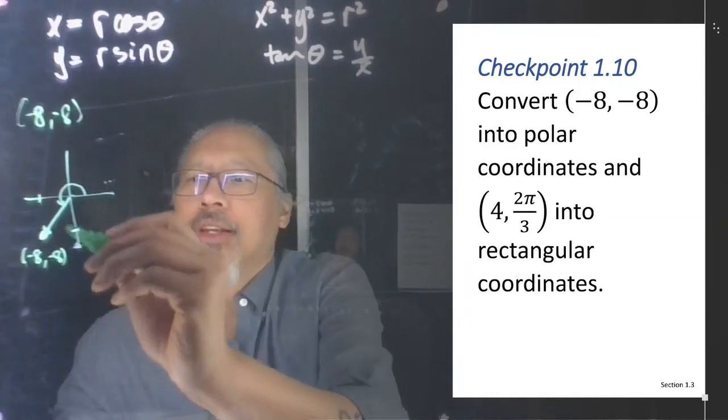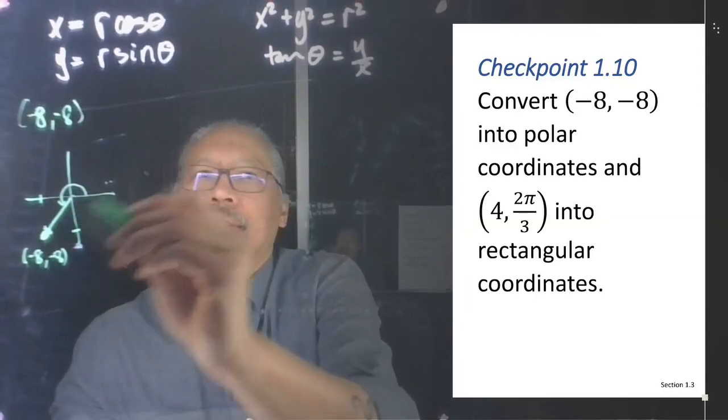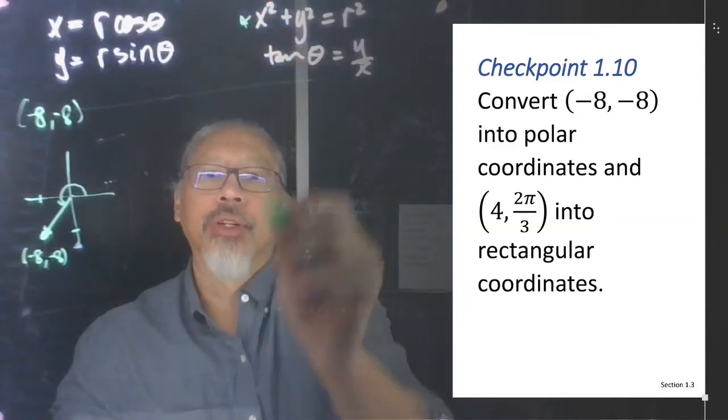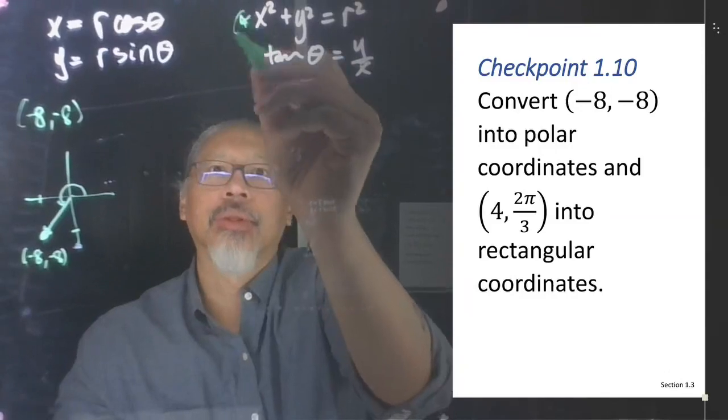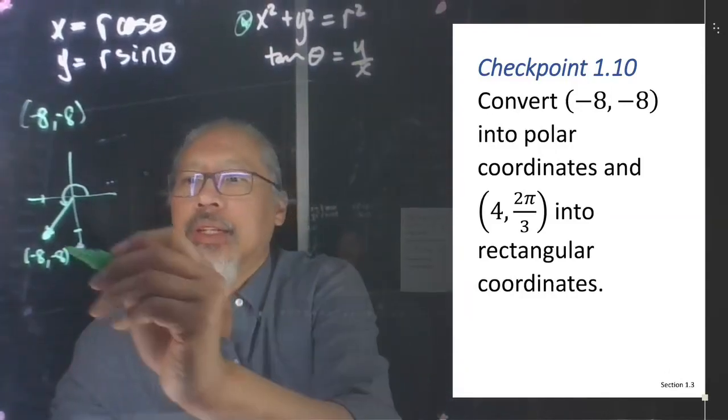We have -8, -8. The distance here is going to be given by this formula: x squared plus y squared is equal to r squared, and that's going to give us our distance.